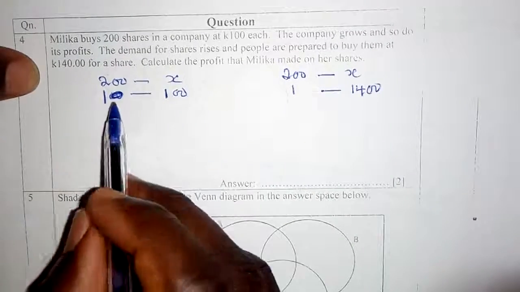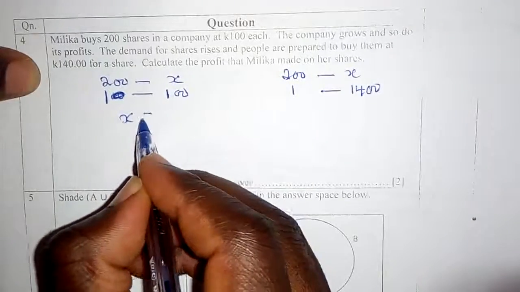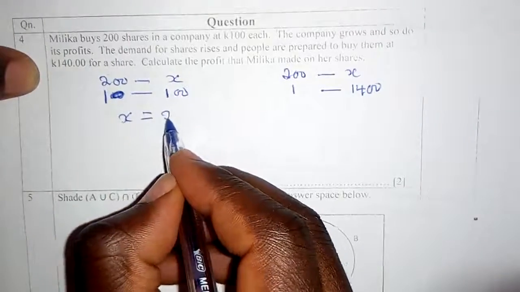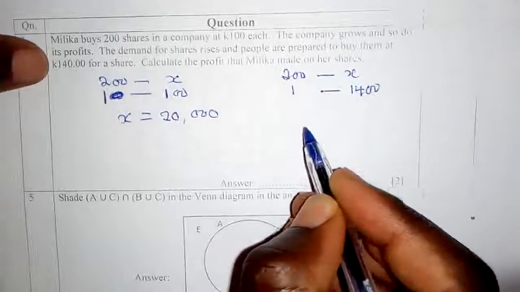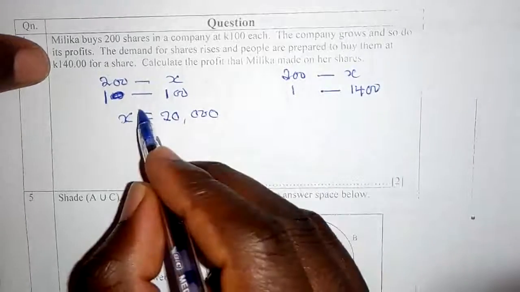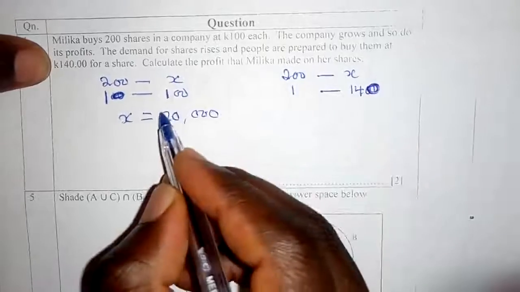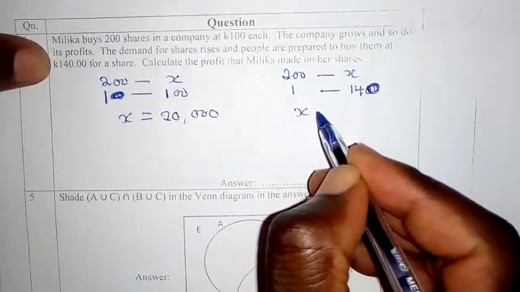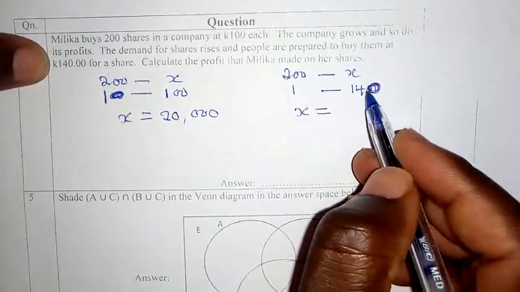We come and subtract. So it will be 1 multiplied by x, it's x. 200 multiplied by 100, it will be 20,000. Okay, even here we do almost the same. This is 140. So we have 1 by x, it's x, which is equal to 200 multiplied by 140.